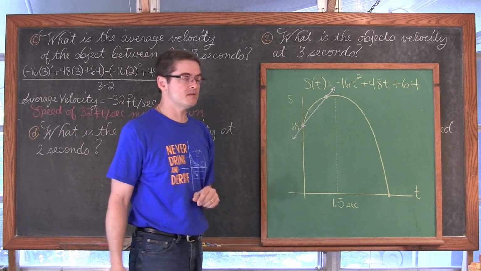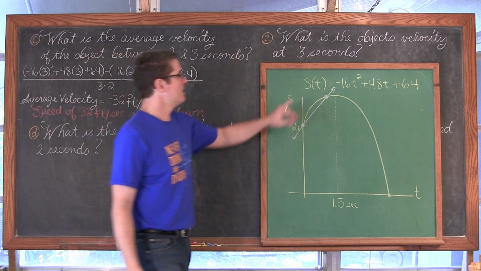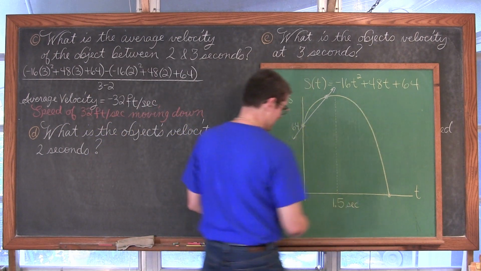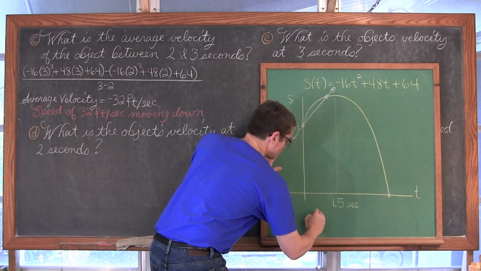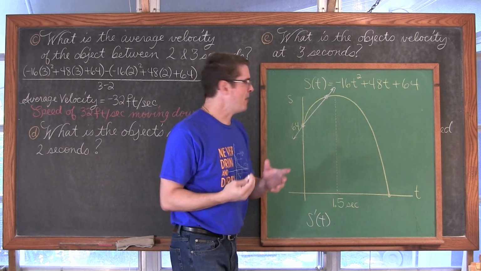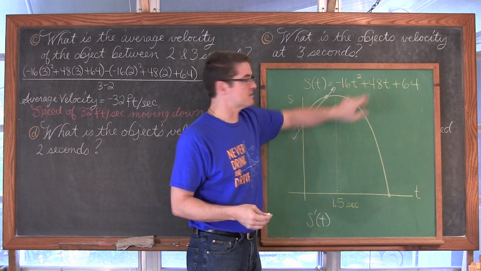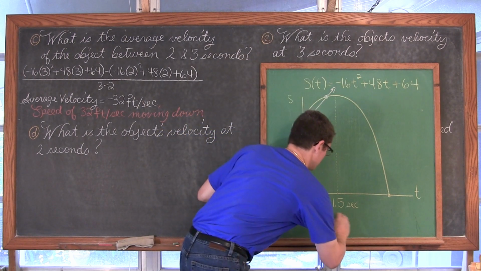And if s(t) is equal to negative 16t squared plus 48t plus 64, then s prime of t is going to be, using the power rule, bring this exponent down, so negative 16 times 2 is negative 32.